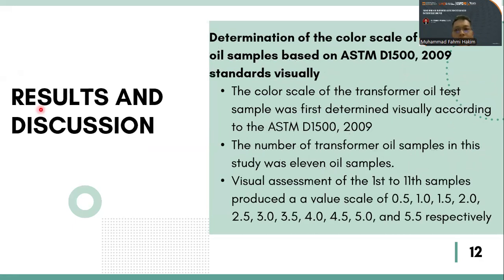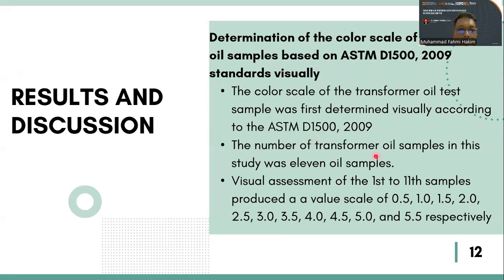Now let's go to the result and discussion. In the result and discussion, first is determination of the color scale of transformer oil samples based on ASTM D1500-2009 standards visually. The color scale of the transformer oil test sample was first determined visually according to the ASTM D1500-2009.